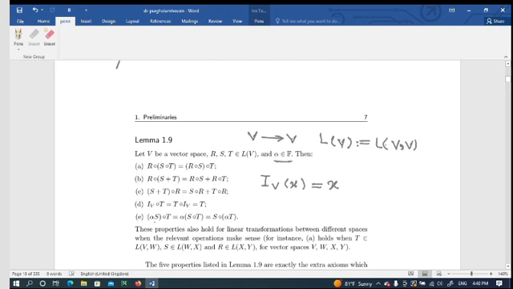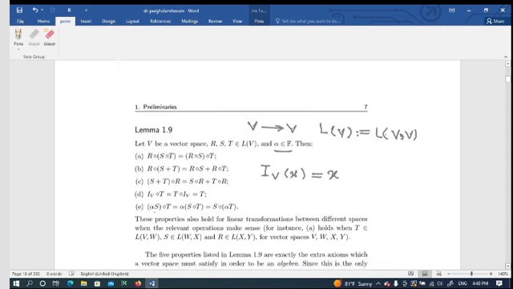So if these transformations are from V to itself, but if there are different spaces like V, W, X, we can say that these properties hold again.